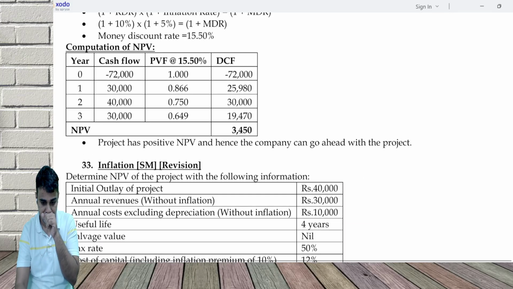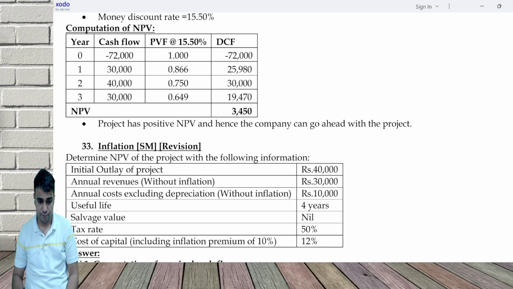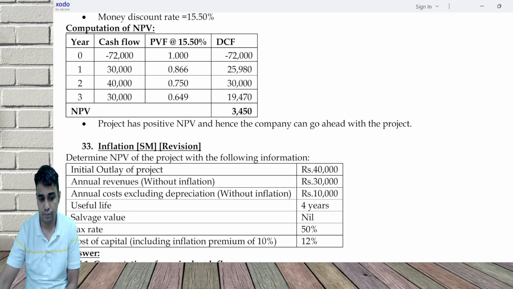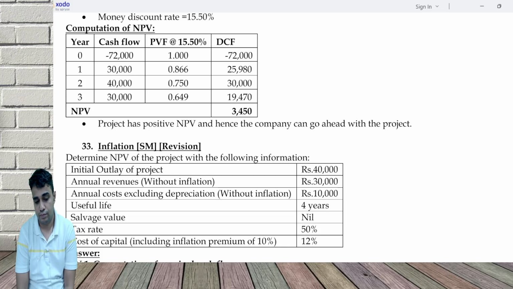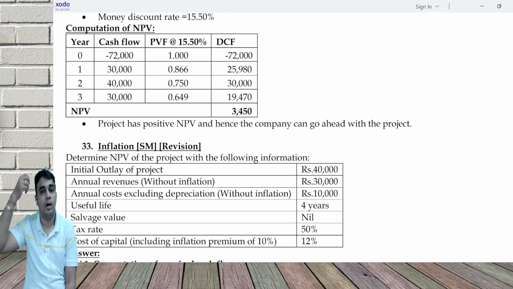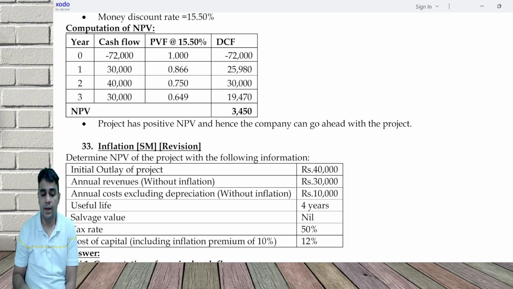Go through 33. Okay, listen. Initial outlay, no problem.